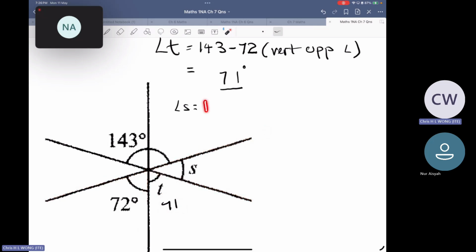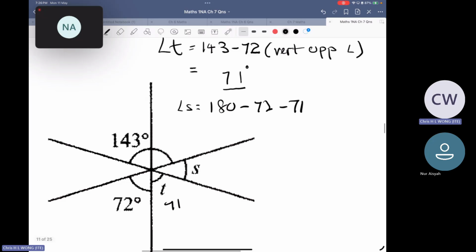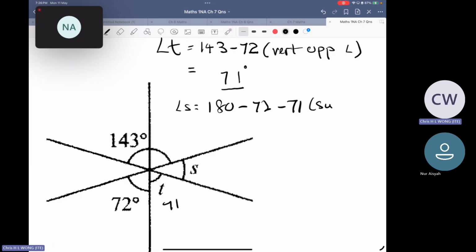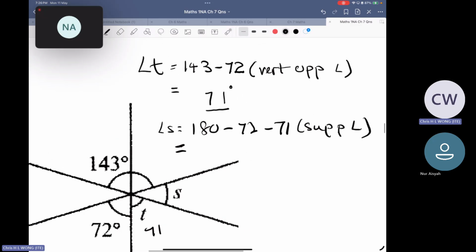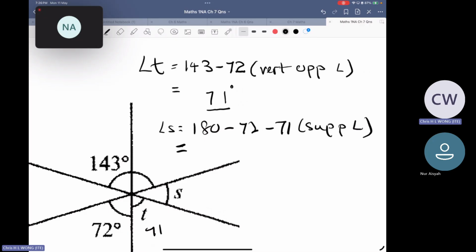So you have 180 minus 72 minus 71, right? Reason? The moment you use angle on a straight line, it is supplementary, isn't it? Okay. Answer? 37.